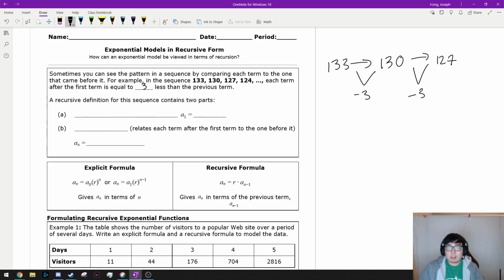So all these jumps right here, from the first term to the second term, second to third, are all just minus 3 each step of the way.